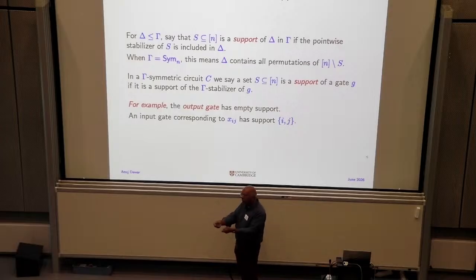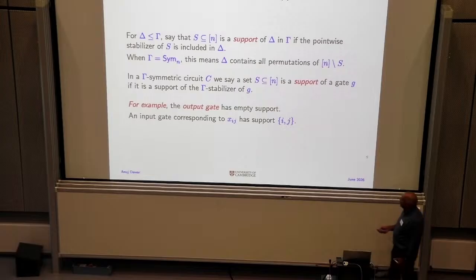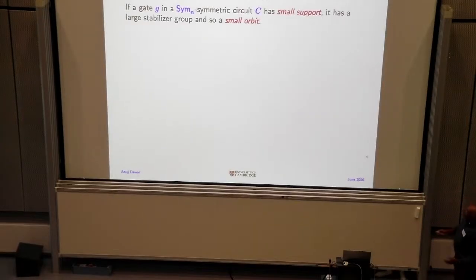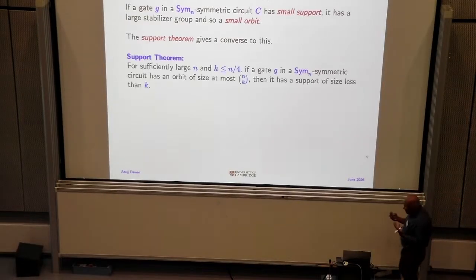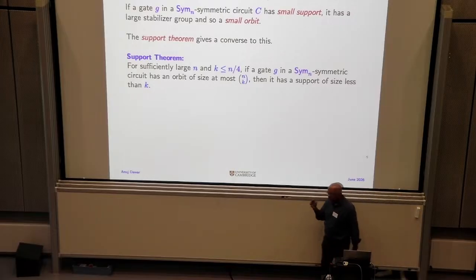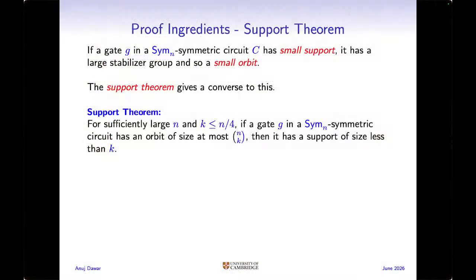What we're looking for is a small set of elements such that fixing it will fix the gate, and that means that the stabilizer group of this gate is big when there's a small set of supports. Yep, exactly. Okay. And there's a converse in the sense that if a gate has a large stabilizer group, which is necessary if it has a small orbit, then it has small support.